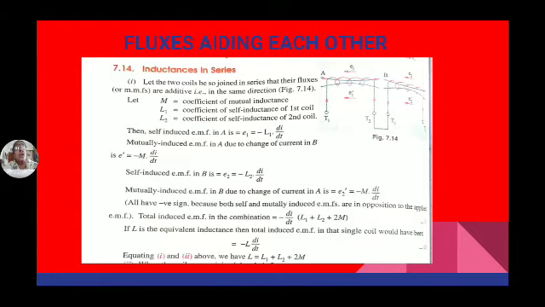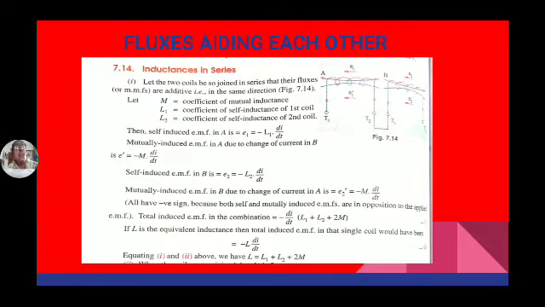First is because of its own flux, the flux developed in its own coil, and the other is due to flux developed in its neighboring coil. The EMF due to flux in its own coil is known as self-induced EMF, but the EMF due to flux in the second coil is known as mutually induced EMF.